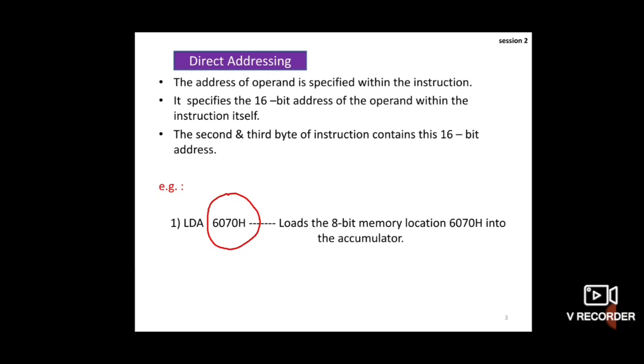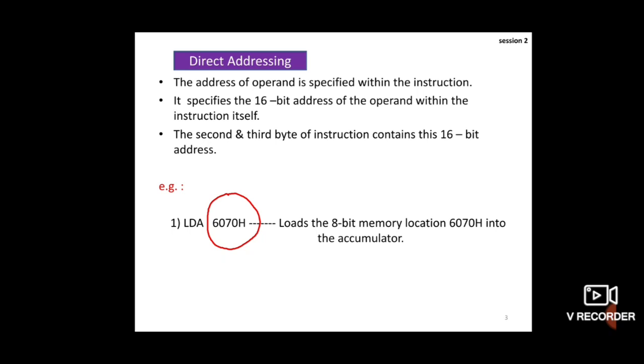LDA 6070H loads the 8-bit content of memory location 6070H into the accumulator. 6070 is a memory location, and whatever data is stored in that memory location is loaded into the accumulator, not 6070 itself.